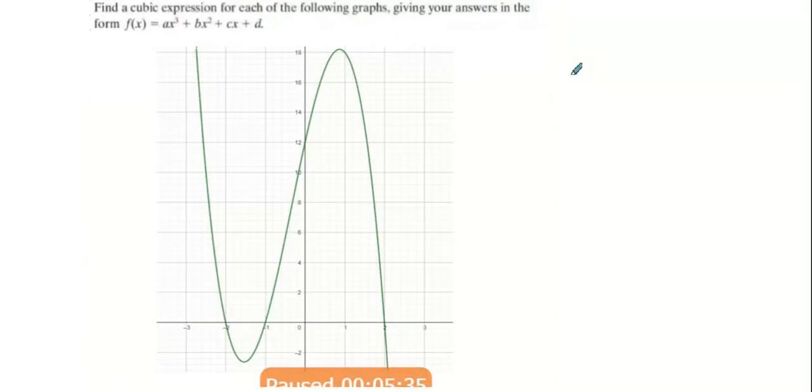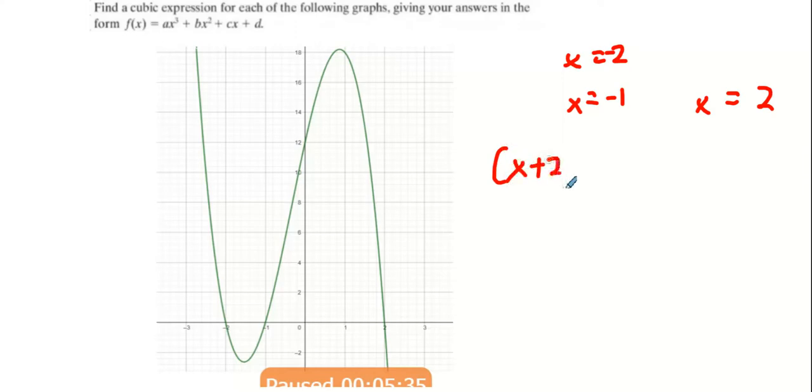So it's x equals 2, minus 2, minus 1, and 2, is it? Then turn them all into factors. So when you move them out to your side, you're going to have to multiply them all by each other.